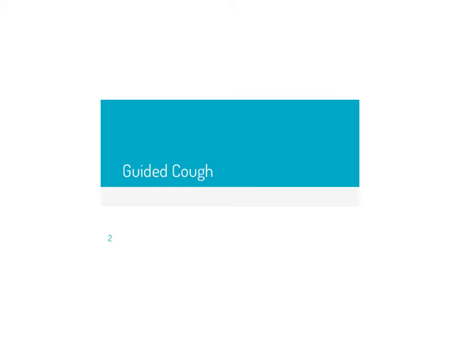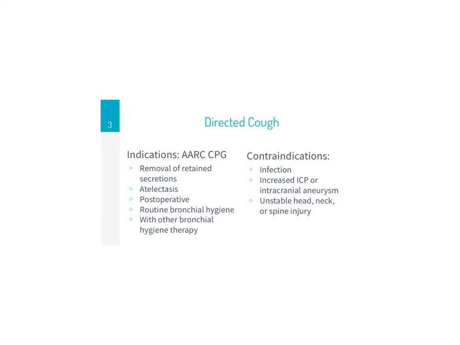And then some issues that retained secretions cause are mucus plugging, full or partial obstruction, atelectasis, increased airway resistance, increased risk of infection. So remember, it's important to remember why we are doing the guided cough or airway clearance therapy.